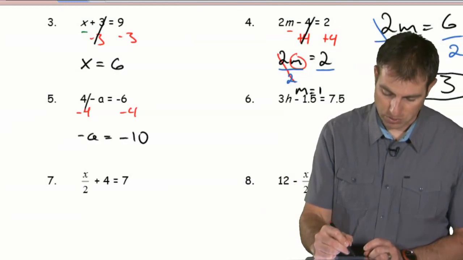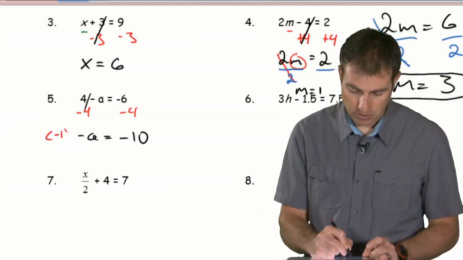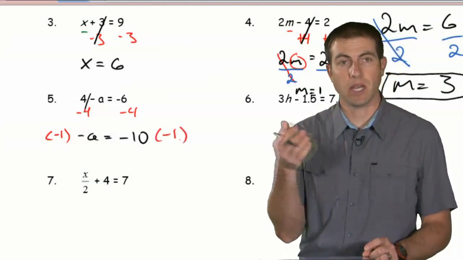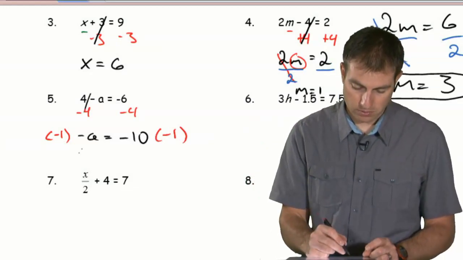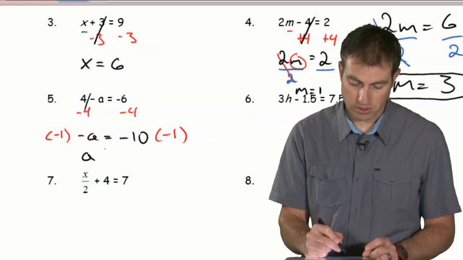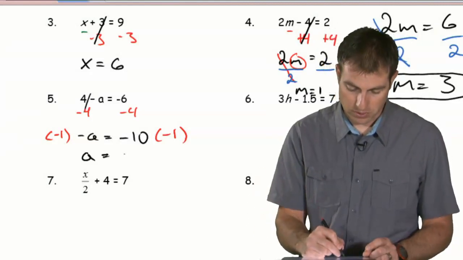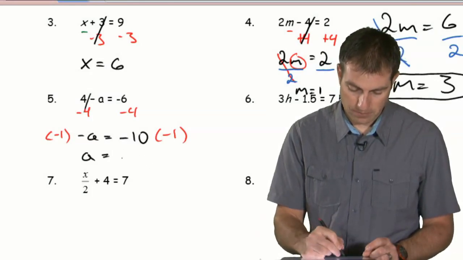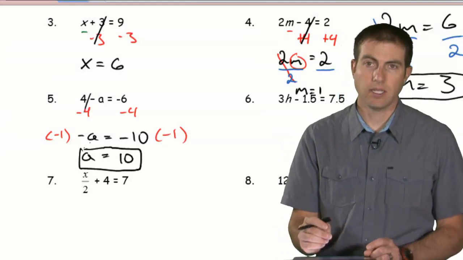So just because it makes the most sense in my little peanut brain, I'm going to multiply both sides by -1. If I multiply one side by -1, I have to do the other. So in this case, negative a times -1 is positive a, and -10 times -1 is positive 10. I don't have to write the positive in there, so I'm going to lose that. And I get a is equal to 10.